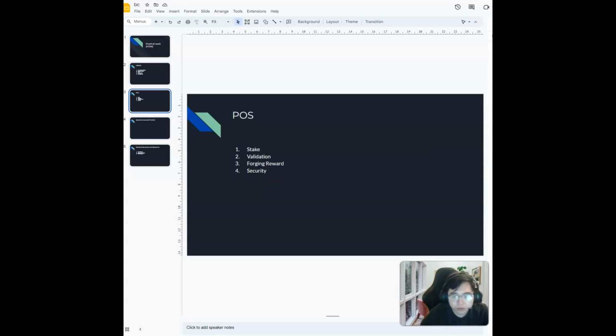For the POS, proof of stake mining, the proof of stake represents a different approach to achieving consensus and doesn't involve the heavy computational work of POW.